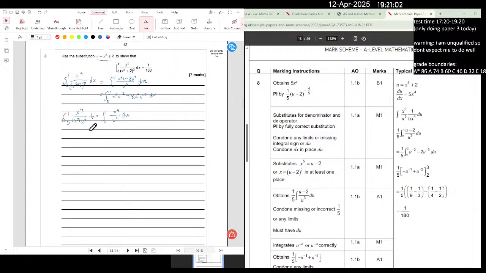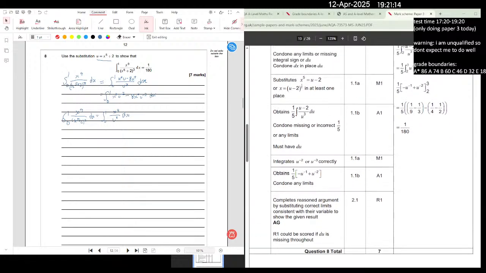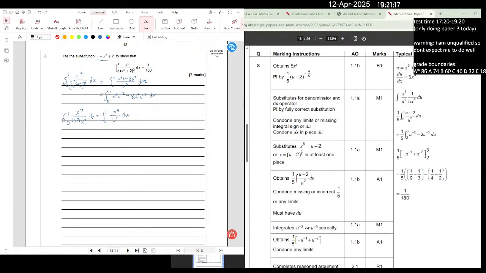Can I get at least 1 for this? I don't think so. Substitutes for denominator and dx operator. No, I don't think I did any step correctly. All of it is wrong. So, no, 0. Absolutely 0.